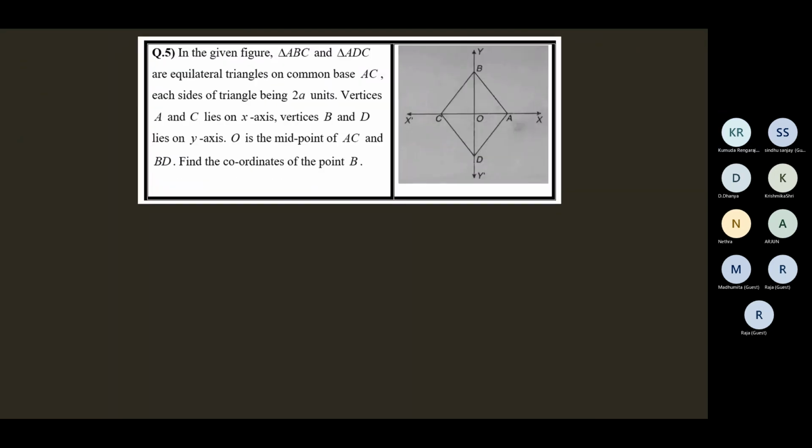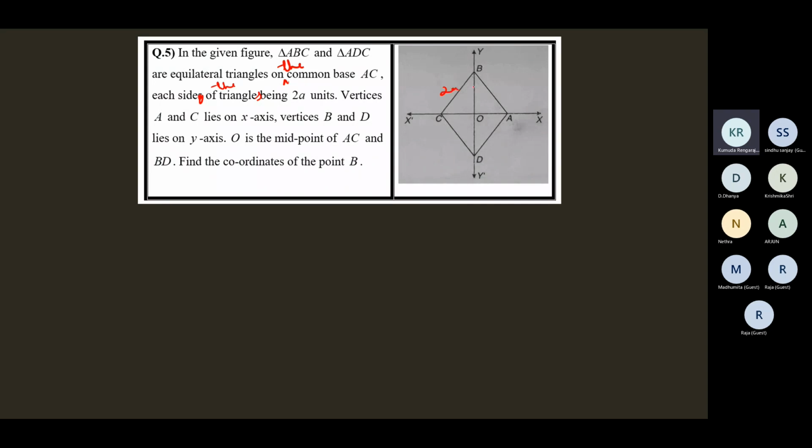In the given figure, triangles ABC and ADC are equilateral triangles on the common base AC, and each side of the triangles is 2a units.